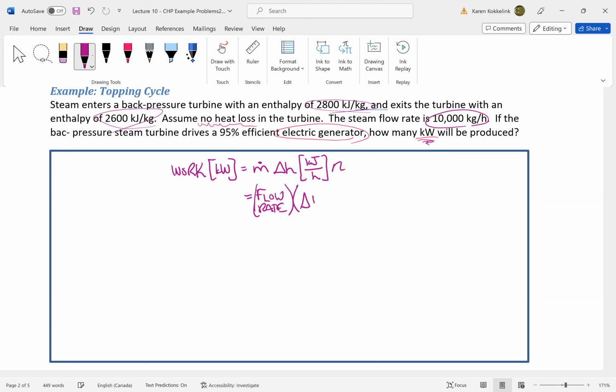This is the change in enthalpy, not entropy, enthalpy, times your efficiency. Our flow rate is 10,000 kilograms per hour. And we have gone from 2,800 to 2,600 kilojoules per kilogram.